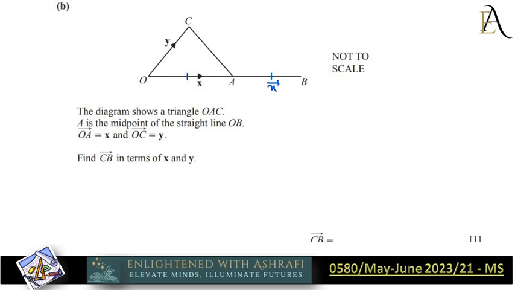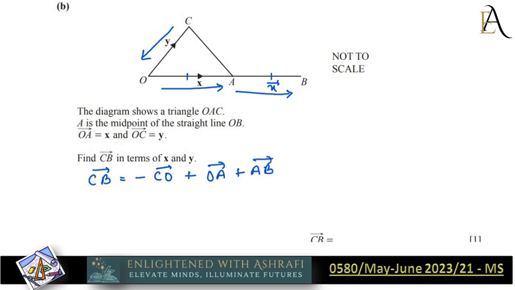The path from C to B is going to be going from C to O, then O to A, and then A to B. So CB is going to be CO plus OA plus AB.